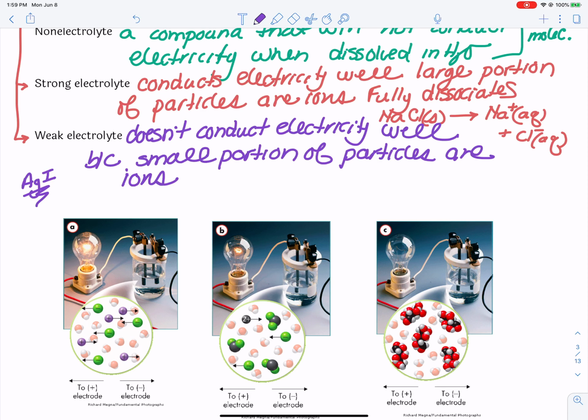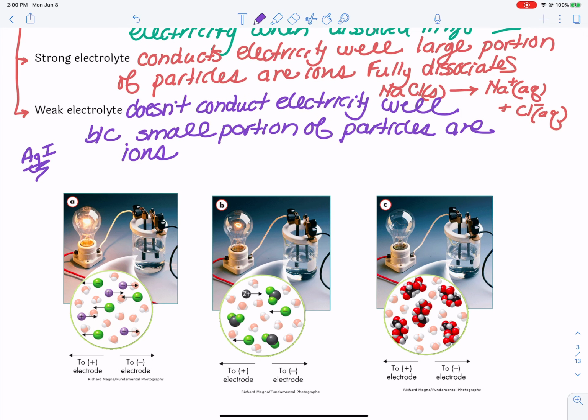Silver iodide will dissolve in water, but to a very, very small percentage, like a 10,000th of a percent. So we would say that is a weak electrolyte, because is that going to conduct electricity? Yeah, but on a very small magnitude. More often than not, what falls under the category of weak electrolytes are weak acids and bases. And you're probably thinking, what the heck is an acid or a base? And that is a question for next year.